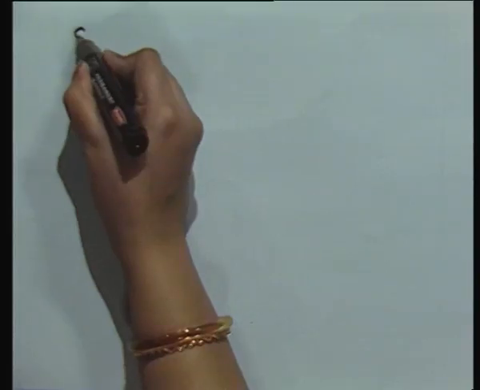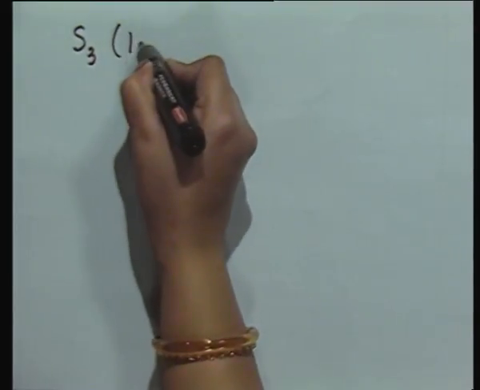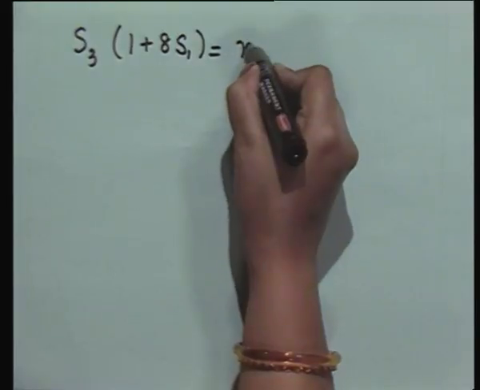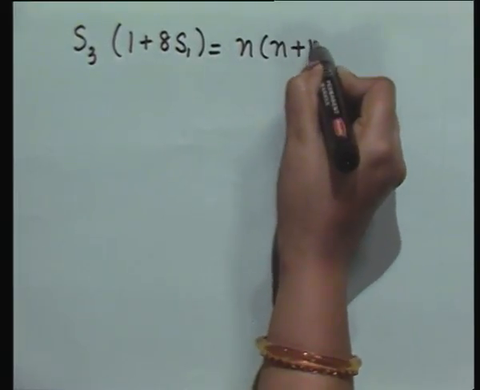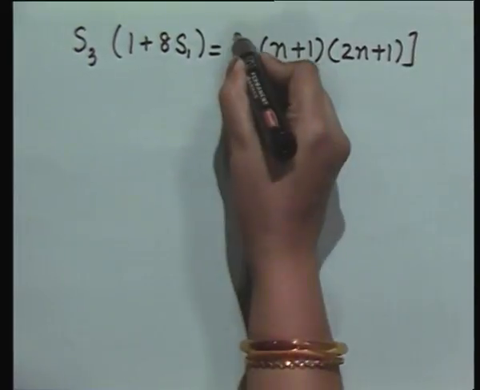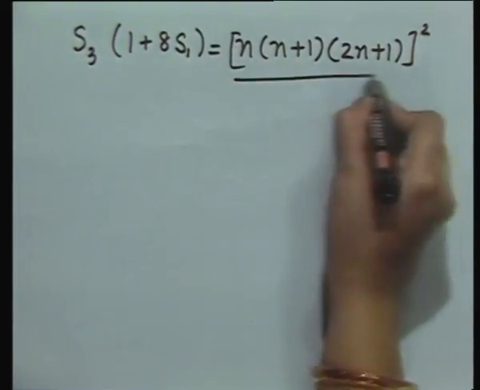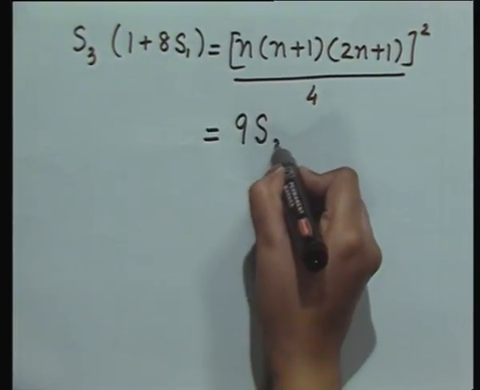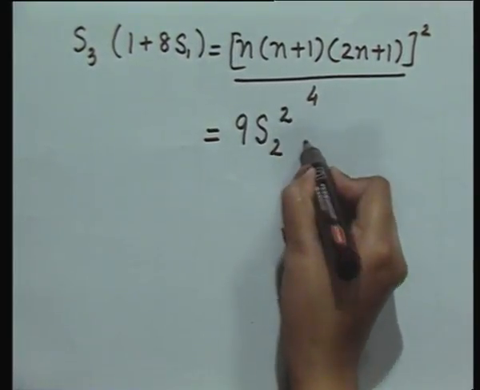Therefore I can write the right hand side, that is S3 into 1 plus 8 S1, as n into n plus 1 into 2n plus 1 whole square divided by 4, which is exactly what we have simplified 9 times S2 square as, and therefore we have proved our relation.